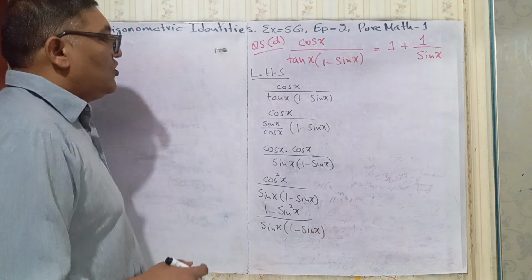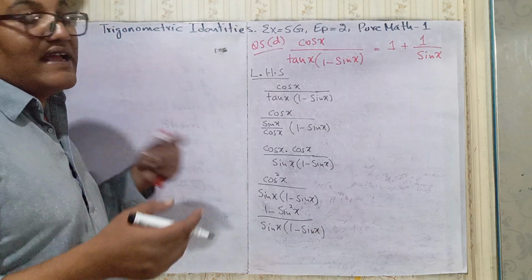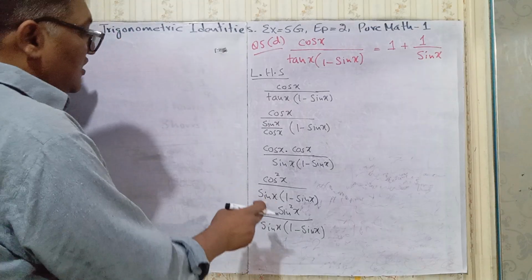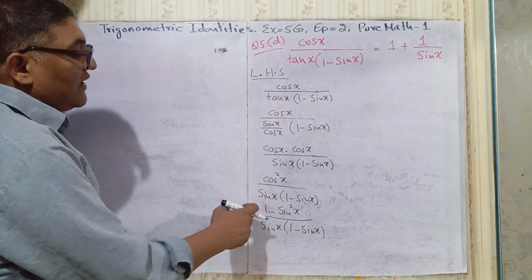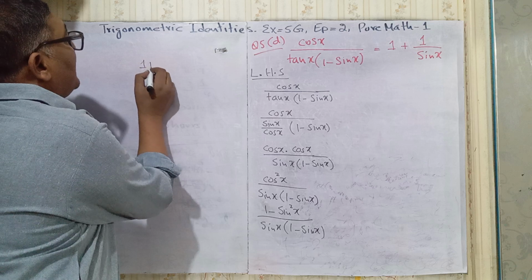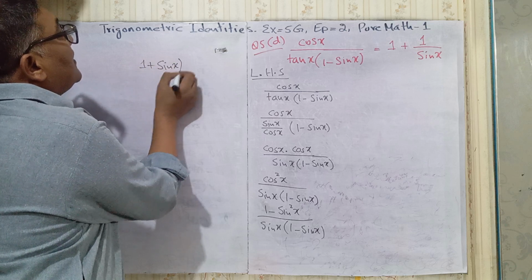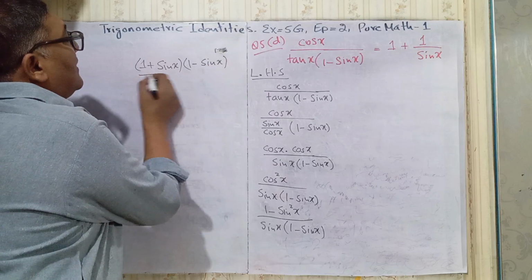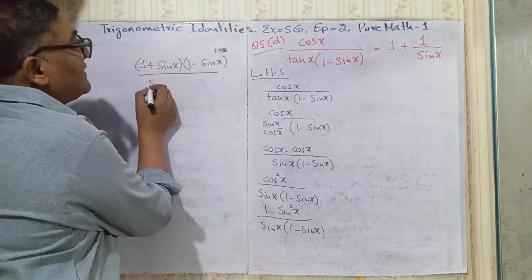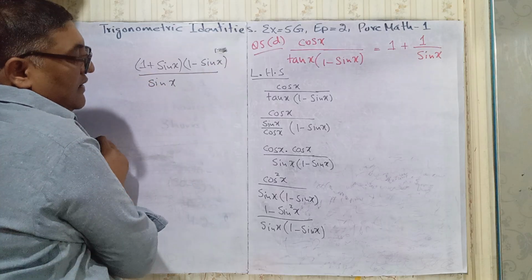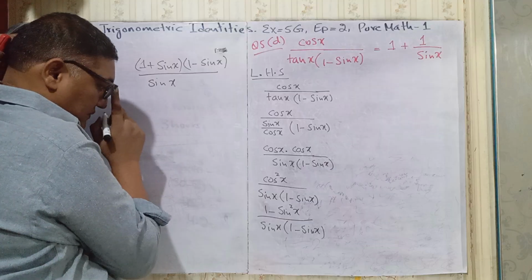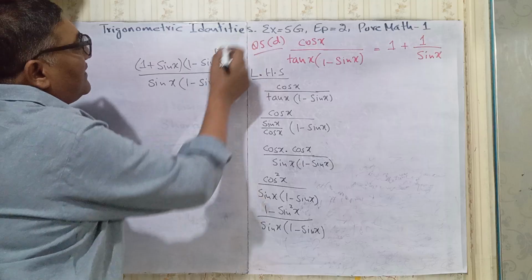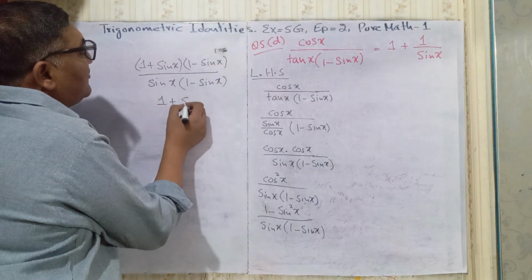1 is a perfect square and sin²x is also a perfect square, so I can write 1 − sin²x as (1 + sin x)(1 − sin x), divided by sin x times (1 − sin x). Now the brackets (1 − sin x) cancel with each other.